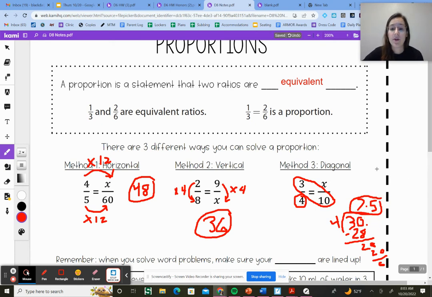So you could have used the diagonal method on any of these. For example, you could have done 60 times 4, that would be 240, divided by 5, that would be 48. You could have done 9 times 8, that would be 72, divided by 2 is 36. So the diagonal method is always reliable.